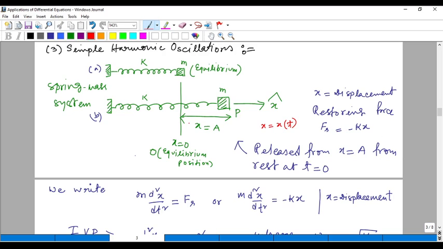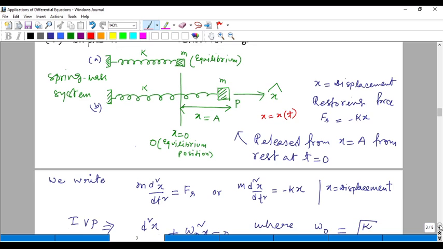When it is displaced along the positive axis, this spring exerts a restoring force on the object towards the minus x-axis. So the restoring force is acting opposite to the displacement. And this k is the stiffness constant, or the spring constant, of this spring. Now we will consider that the displacement of the object from the equilibrium position, or the rest position, is the maximum displacement, that is x equal to a.